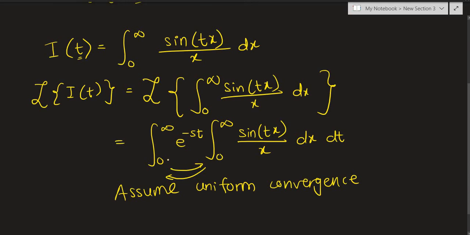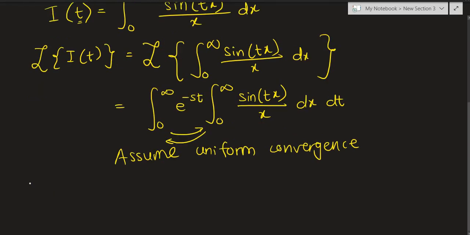So the external integral can be taken inside and the internal one can be brought outside. So then we obtain the Laplace transform of I of t being equal to, now the dt integral was outside and the dx one was inside. So let's take the dx outside now. Since the upper and lower bounds are the same, we don't need to worry about that.